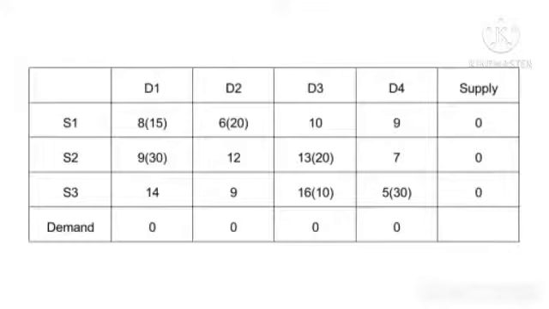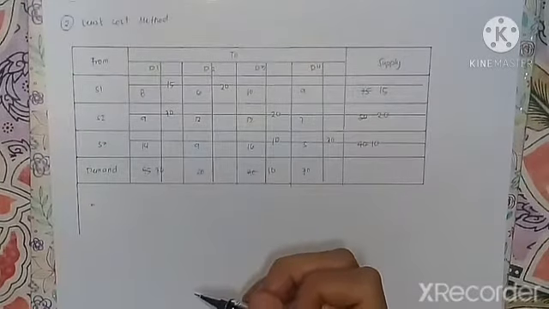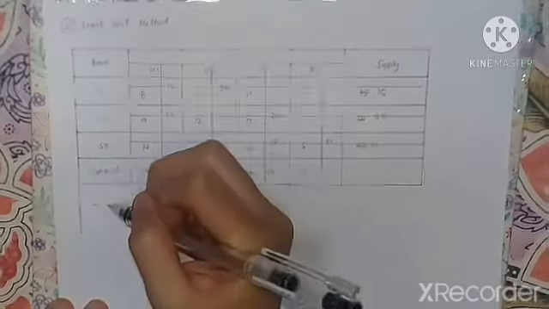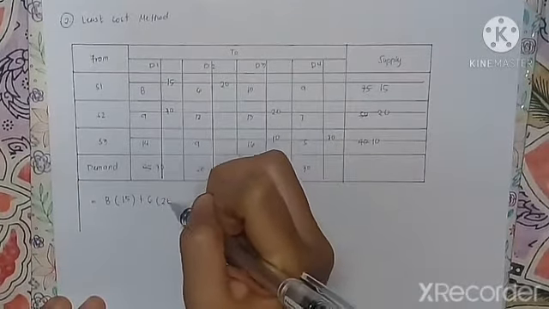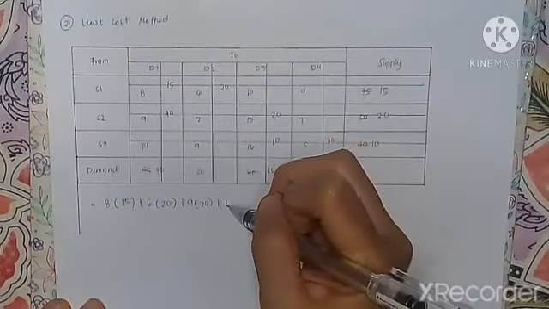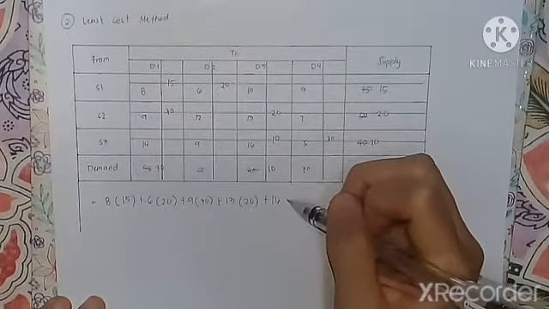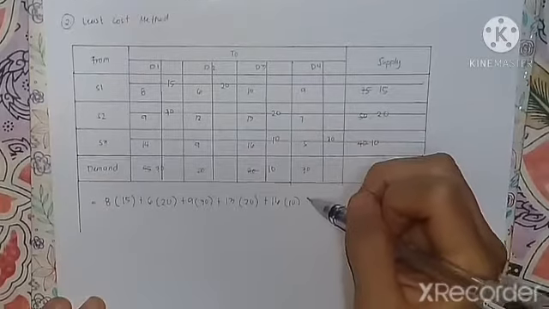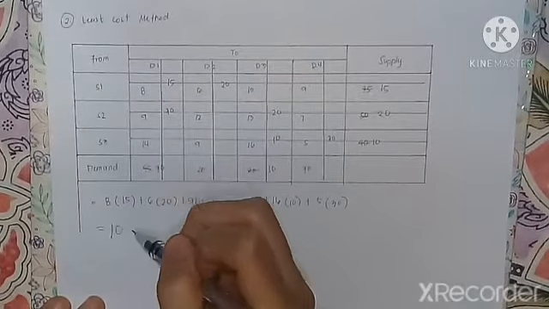This is the initial feasible solution. Now let's solve the minimum total transportation cost. 8 times 15 plus 6 times 20 plus 9 times 30 plus 13 times 20 plus 16 times 10 plus 5 times 30 equals 1,080.